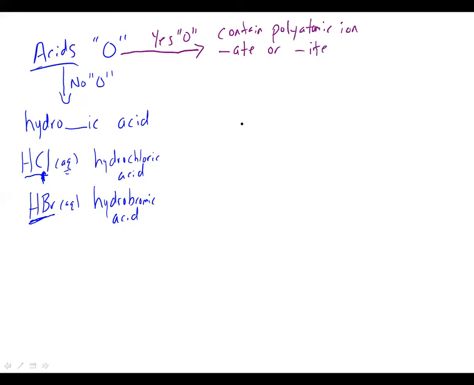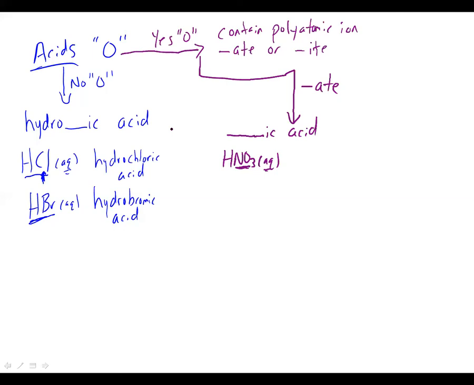So if we go this way, and the answer is yes, and that polyatomic ion ends in ate, the acid will be something ic acid. For example, HNO3. Here we see the aqueous, which indicates that it is an acid. We do see oxygen involved, and we see NO3.